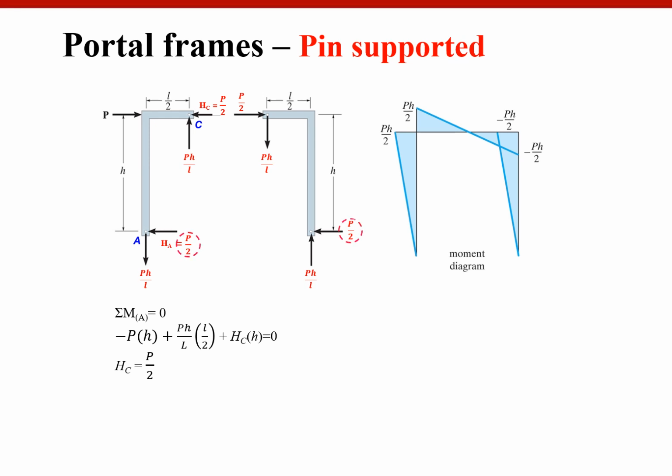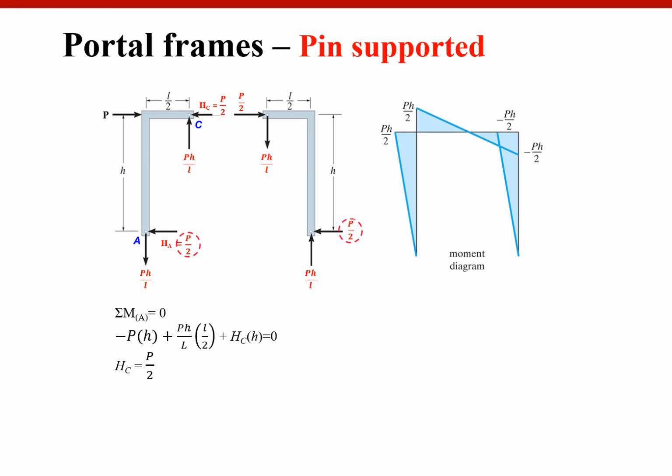So in this page, what you have to learn is, if you apply P to the lateral direction of a portal frame, the base shear or horizontal reaction at support is P over 2 and P over 2. This again is an approximation, but very close to the reality.